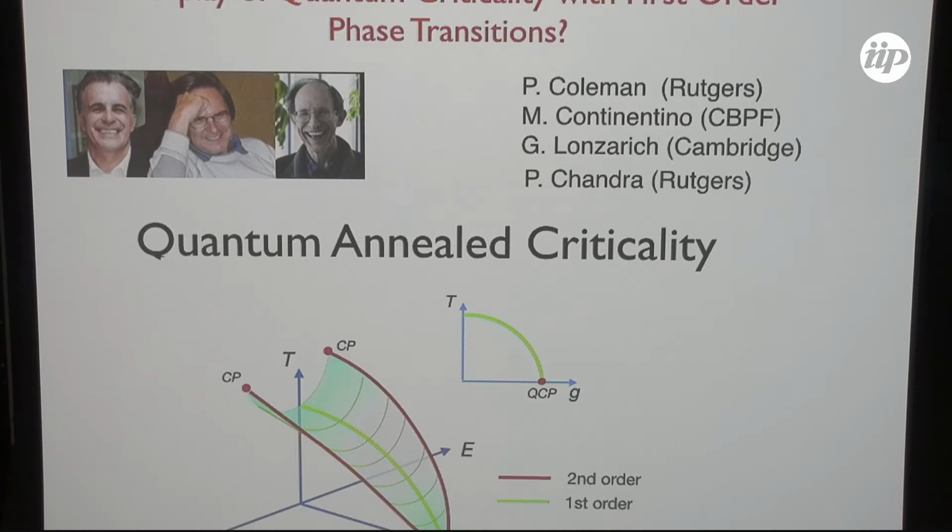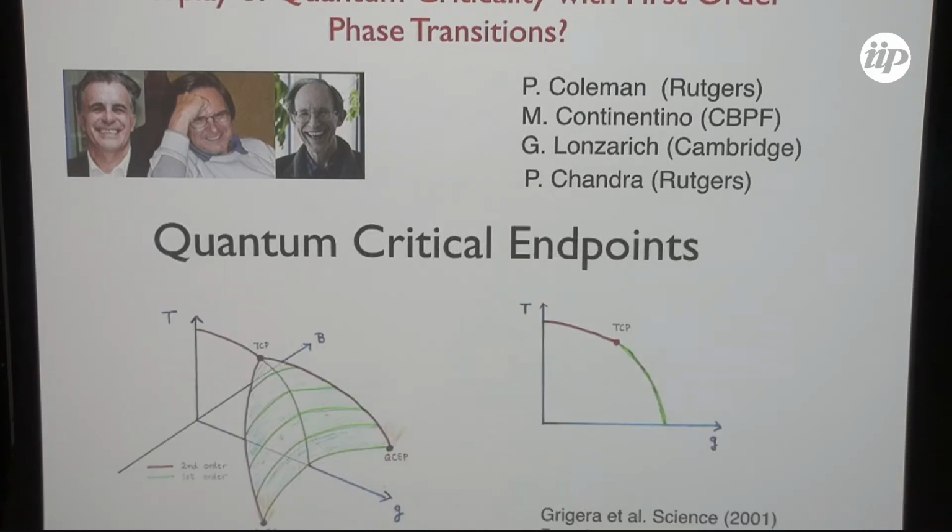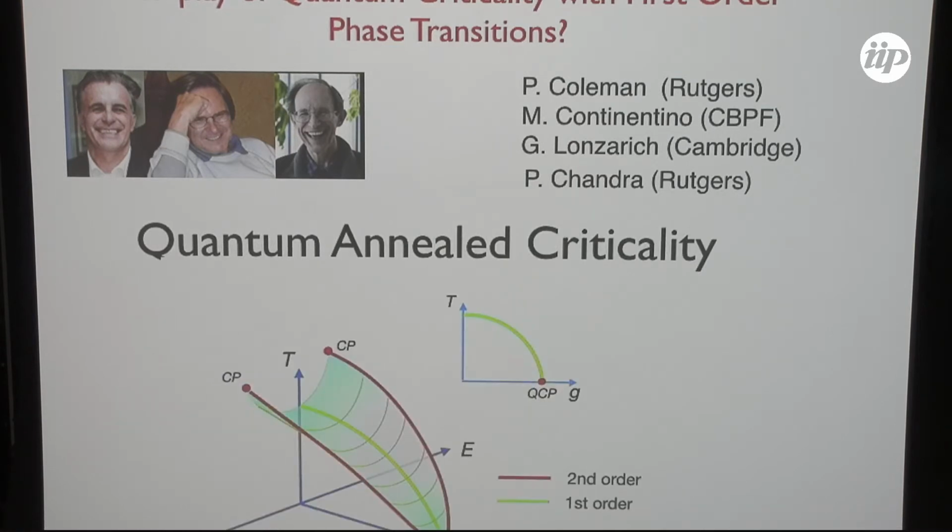And then we have a quantum critical point. So what we have is a sheet of first-order phase transitions bounded by these second-order lines. So that's what I'd like to tell you about today.